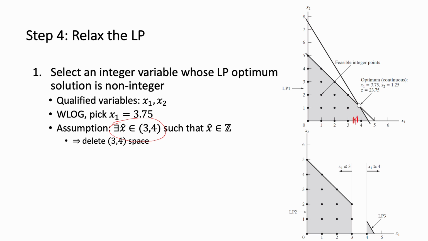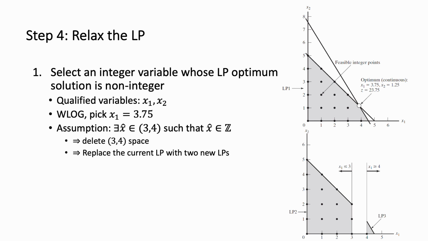So we assume that there is an integer between 3 and 4 such that that integer x hat would satisfy the problem. But the problem is there is actually no integer between 3 and 4. So we have to delete this space between 3 and 4. So that's why we get this. This is the deleted space.